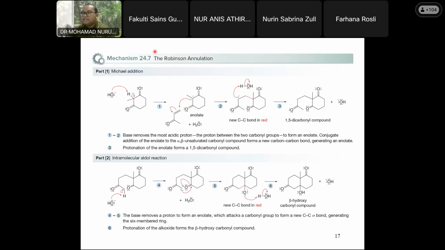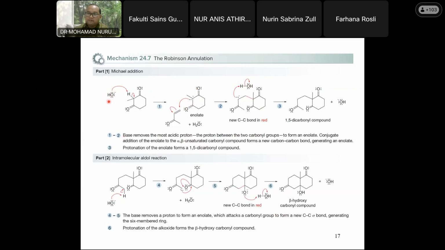So for the mechanism, the Robinson annulation has 2 mechanisms involved. The first one is the Michael addition, and the second one is the intramolecular aldol reaction. So for the transformation from number 1 to number 2, this is the base.